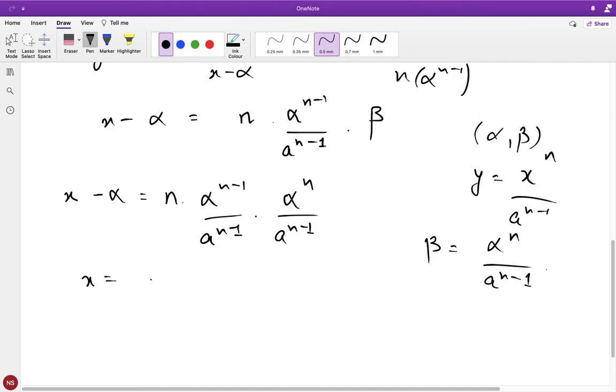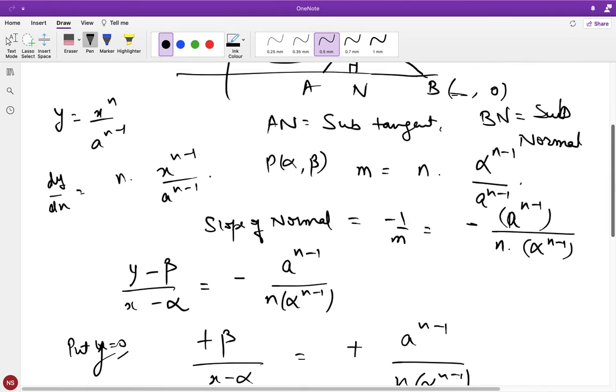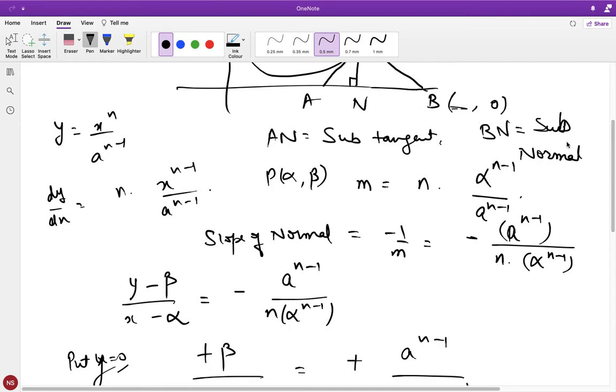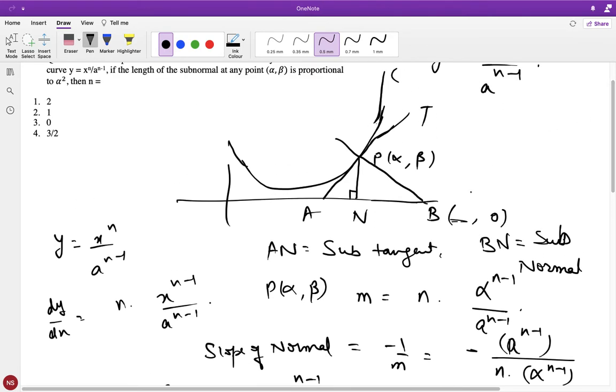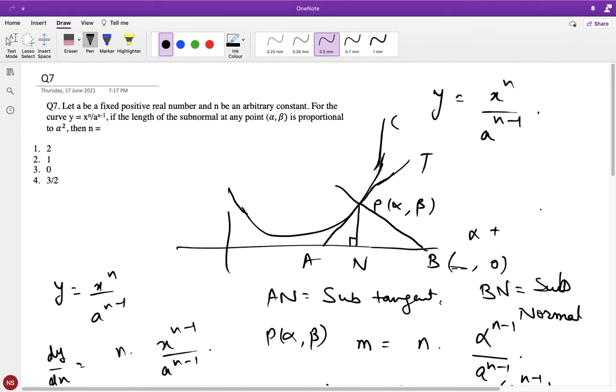So x equals alpha plus n alpha^(2n-1) / a^(2n-1). So this point is (alpha + n alpha^(2n-1) / a^(2n-1), 0), and this point N will be perpendicular, this is perpendicular, so this will be (alpha, 0).